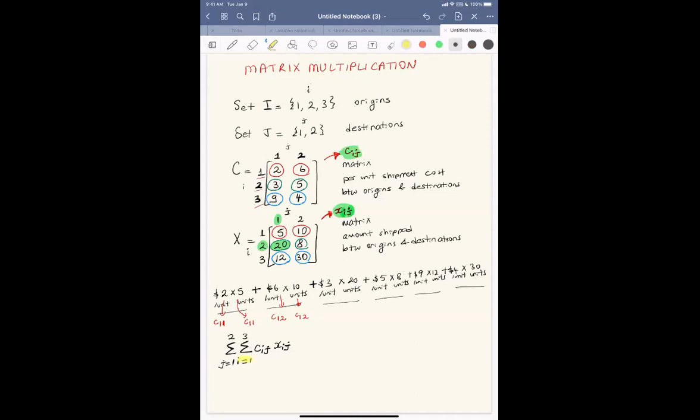i, right? And you're iterating over also j, okay? So here we have the destinations and we have the origins. So we need to indicate both indices.